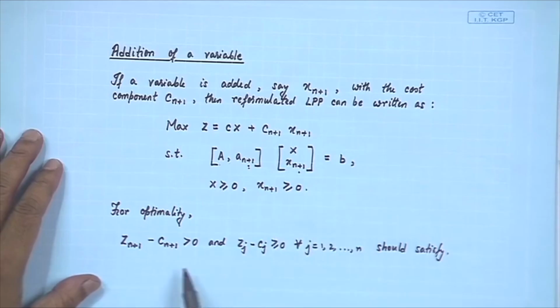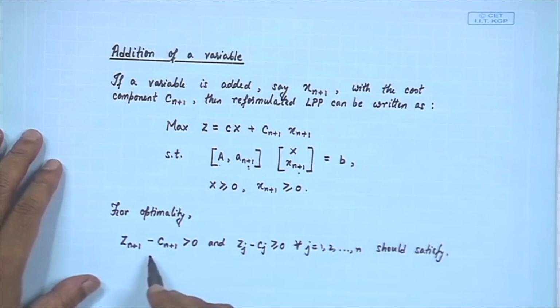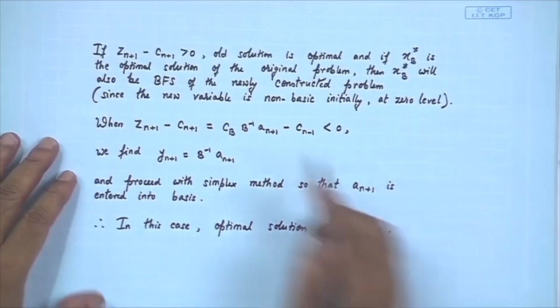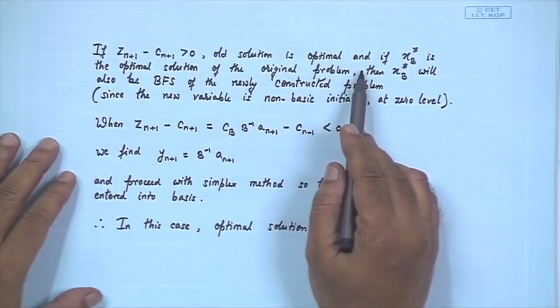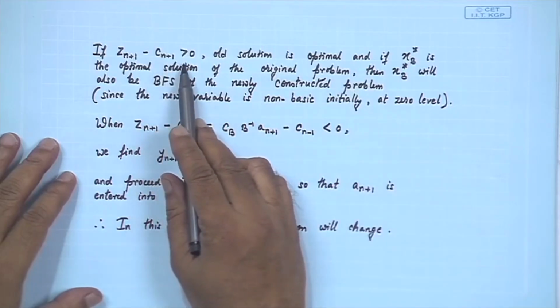Now, for optimality, your z_(n+1) minus c_(n+1) should be greater than or equal to 0, and z_j minus c_j is already satisfied for the old problem. Therefore, if z_(n+1) minus c_(n+1) is greater than or equal to 0, the old solution is optimal, because there is no change; the new variable also satisfies the optimality condition.